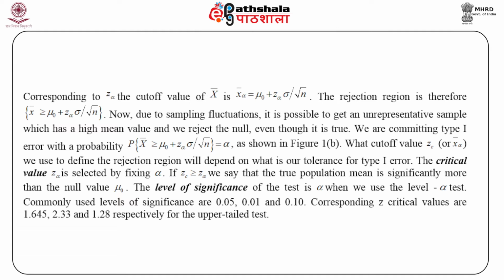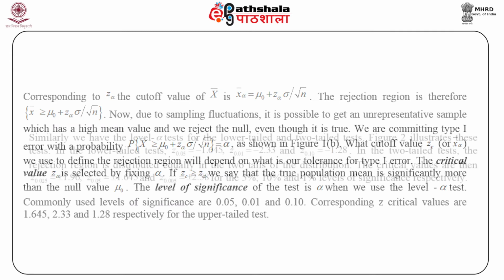The level of significance of the test is alpha when we use the level alpha test. Commonly used levels of significance are 0.05, 0.01 and 0.10. Corresponding Z critical values are 1.645, 2.33 and 1.28 respectively for the upper tail test.